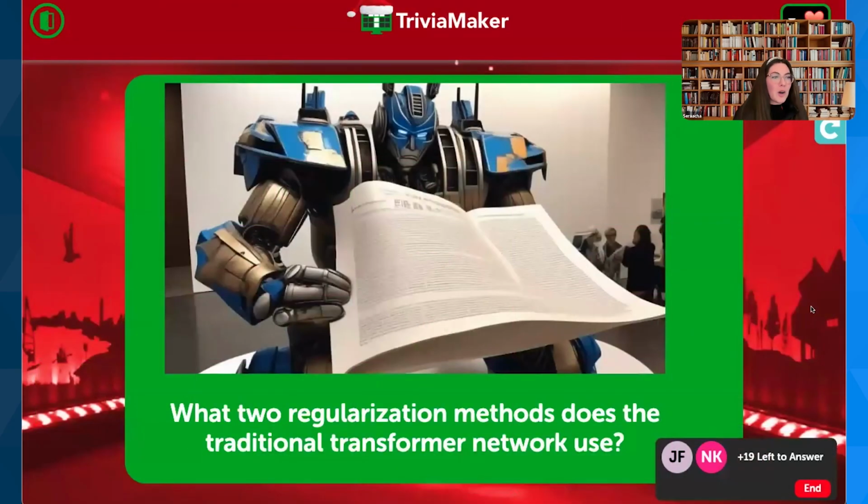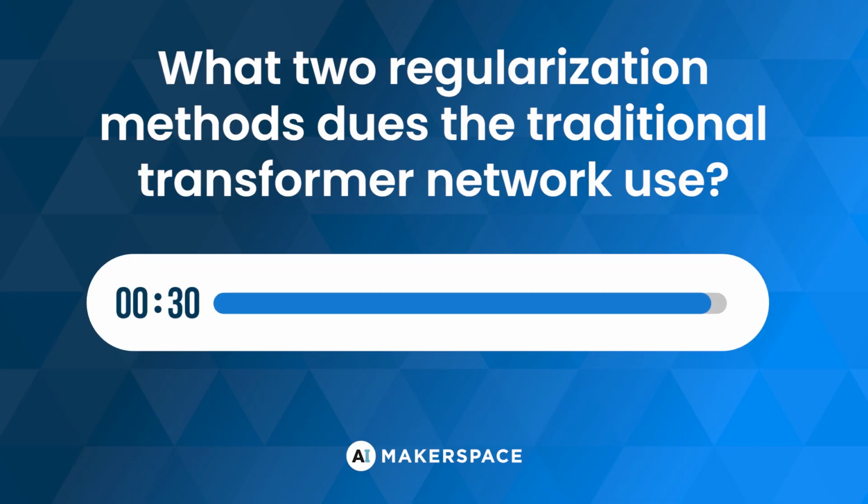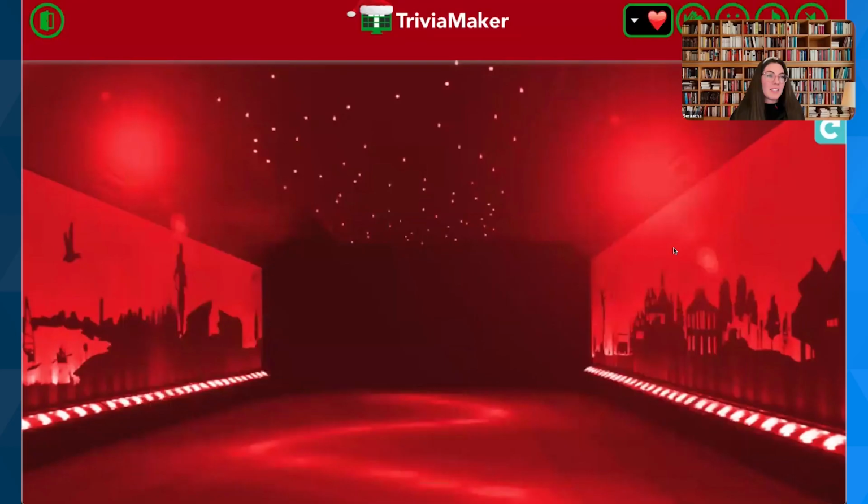Okay, what 2 regularization methods does the traditional transformer network use? Let's find out.